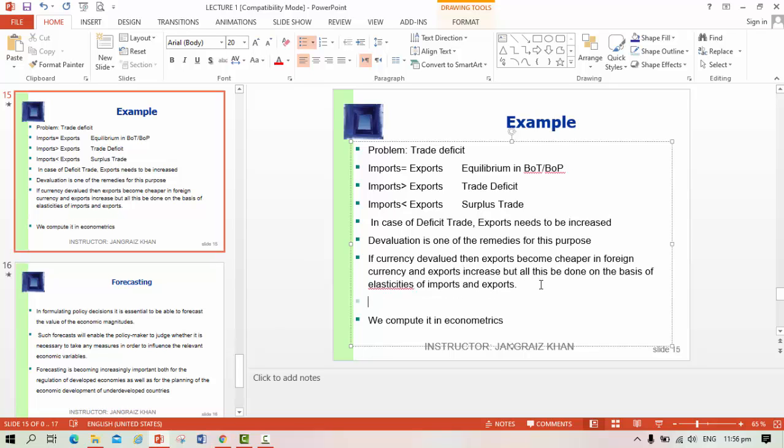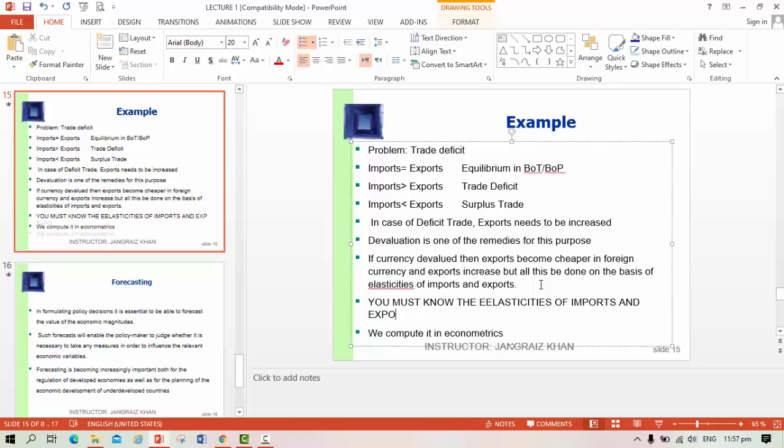So it is important that before devaluation you must know the elasticities of imports and exports. If exports are inelastic, then devaluation will not increase exports.